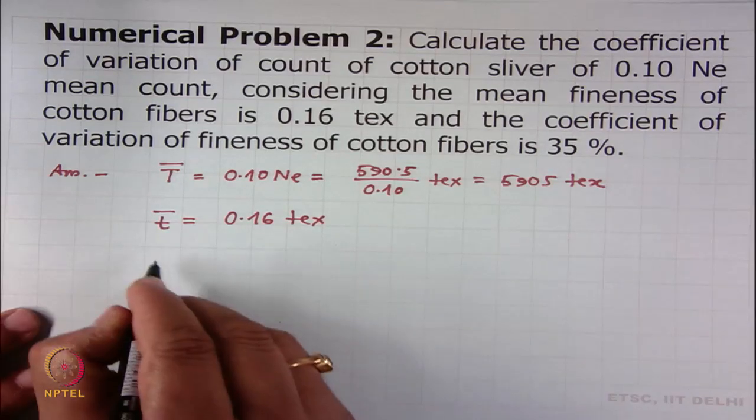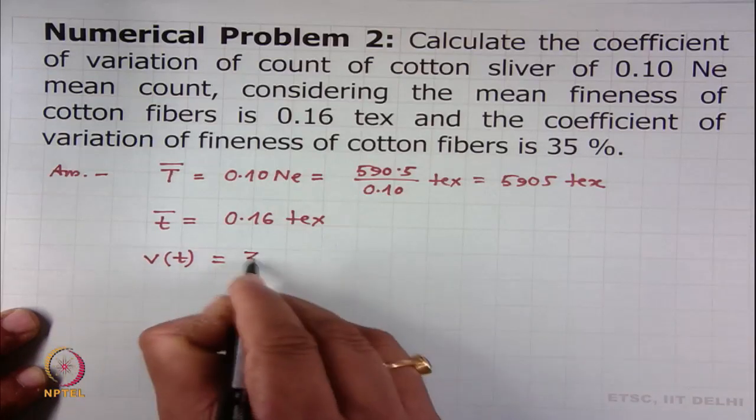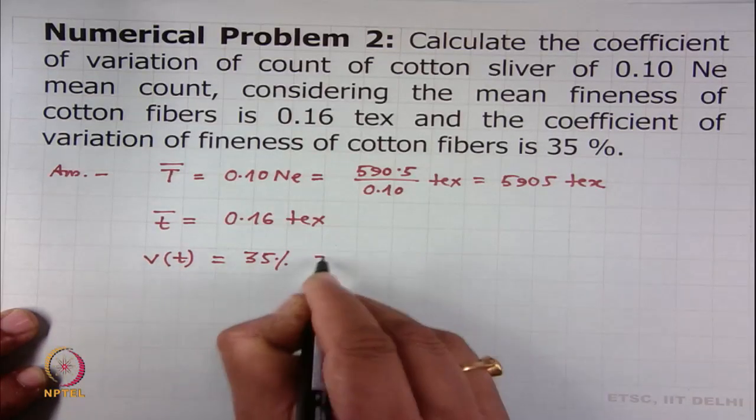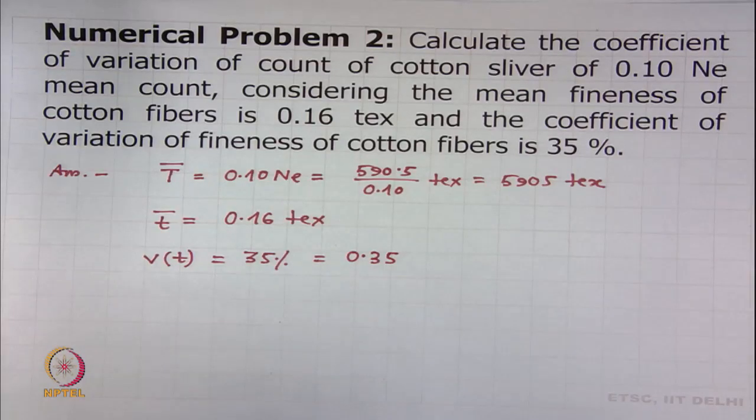Coefficient of variation of fineness of fiber is also given, in dimensionless terms, it is 0.35. Now, you are asked to calculate the coefficient of variation of count of cotton sliver.